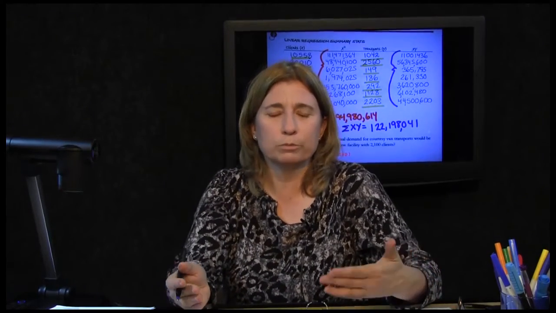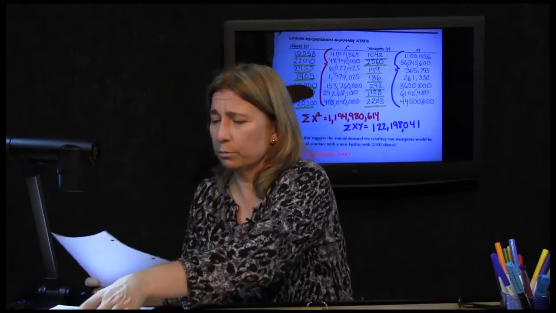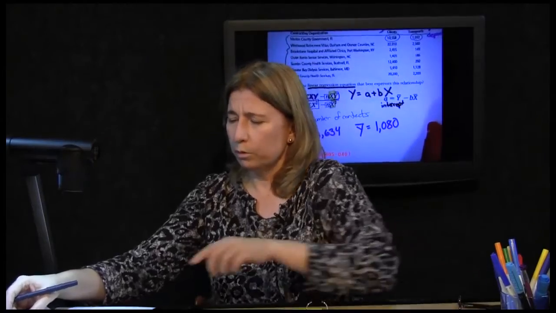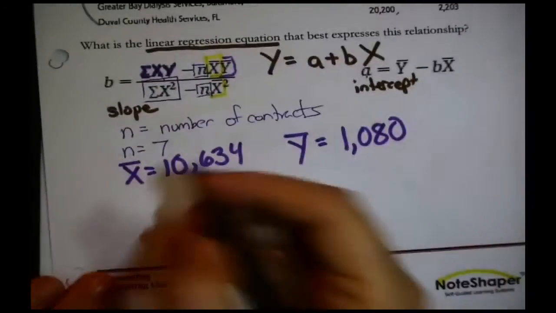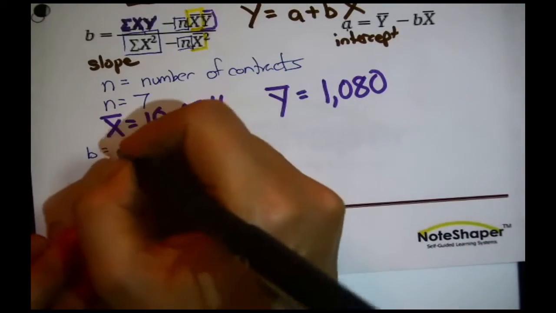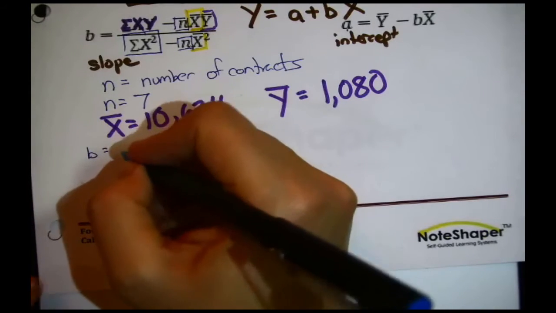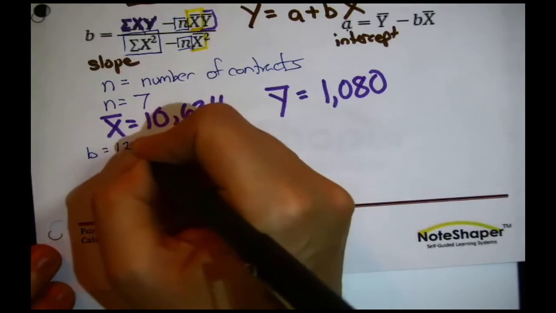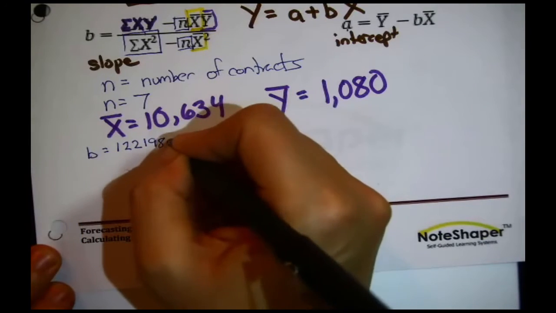Now we're actually ready to complete the two formulas that we could see at the very beginning in this frame. Because now that we have those two numbers, we want to find the slope and the intercept. Slope B equals, okay, what was that really, really large number? 1,221,980,41, right?